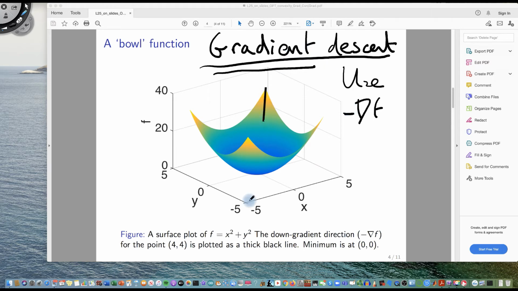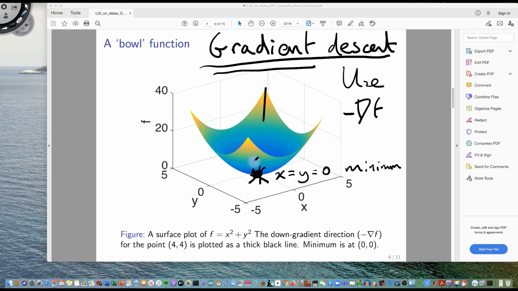Okay, so this is a very simple example here. We've got a surface x squared plus y squared. It's trivial actually where the minimum is, right? I've done that on purpose. It's x and y equal 0. That's your minimum. But we're just going to use this example.